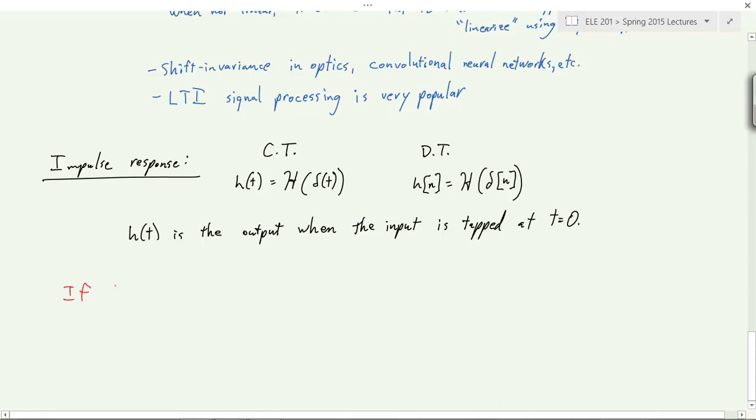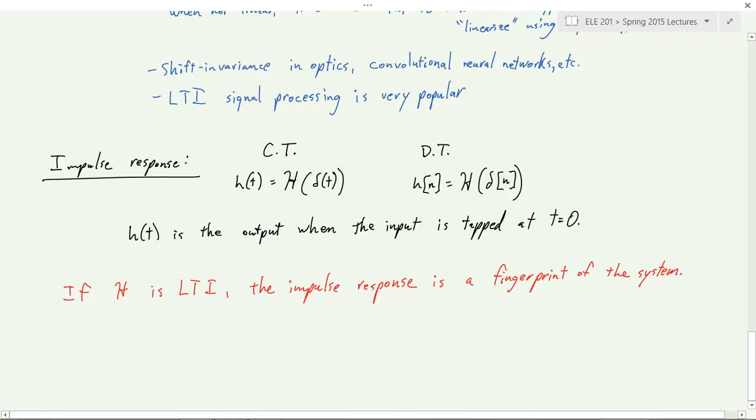If H is LTI, then the impulse response is a fingerprint of the system. So what that means is the impulse response identifies the entire system. If you know the impulse response, you know everything it's going to do.